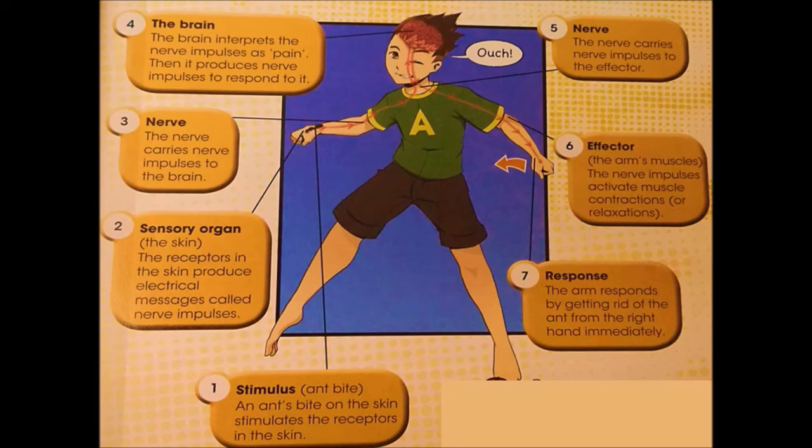These nerve impulses will be carried through the nerve to the brain, whereby the brain interprets the nerve impulses as pain. Again, from the brain, the nerve will help to carry the nerve impulses to the effector, and the effector, which is the arm muscle, will activate muscle contraction or relaxation, and finally the boy will respond.